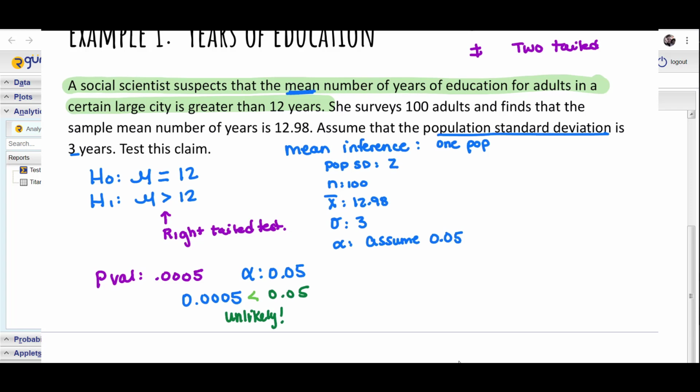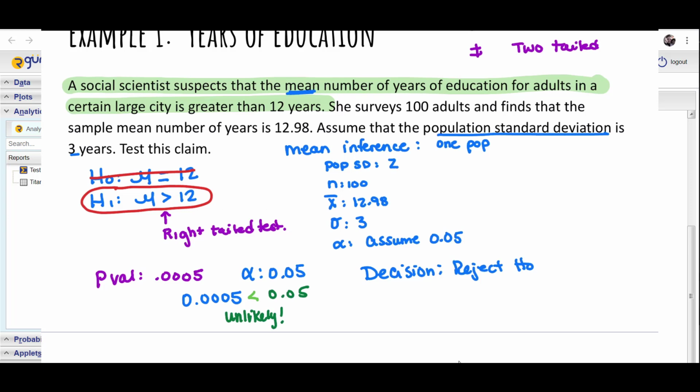So most likely 12 is not the real mean. That's most likely the case. So our decision here is that we're going to reject the null. We are rejecting it. And if we reject the null, then we have enough evidence to conclude the alternate statement.